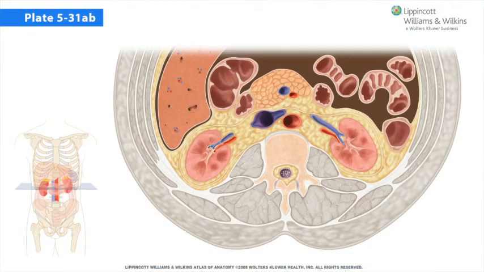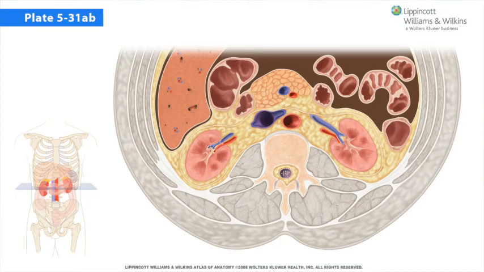The kidney and suprarenal glands are surrounded by fat, which is sometimes called the perirenal fat capsule. Surrounding this fat capsule is a membranous sac of renal fascia. Surrounding the renal fascia is the extraperitoneal fat.